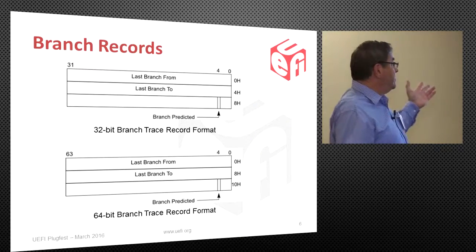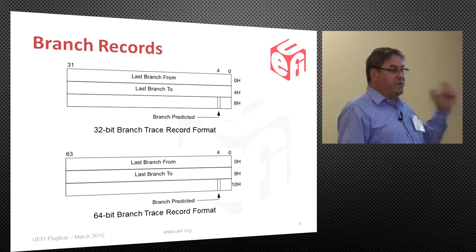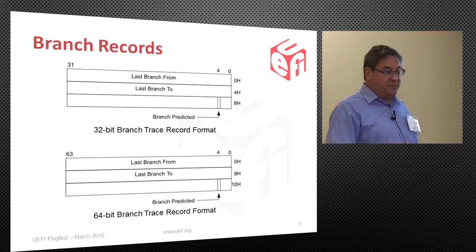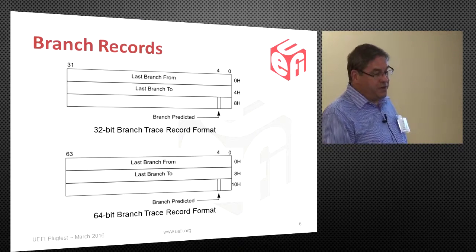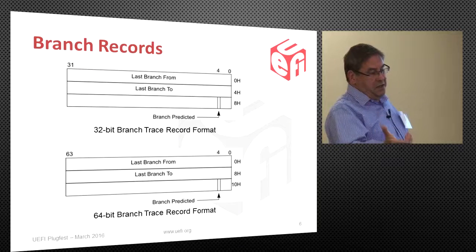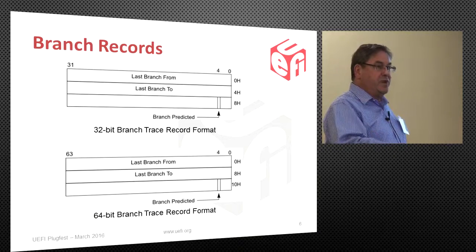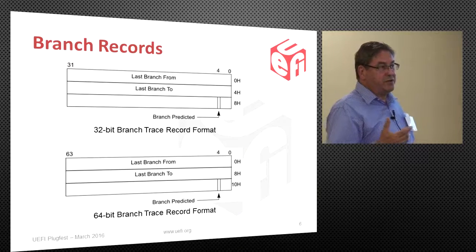So the branch record, just to give you an example, and so that I'd have some technical slides up here, has a limited amount of information. Basically it says, here's the branch from, here's where I'm going to, and whether or not this branch was actually taken.